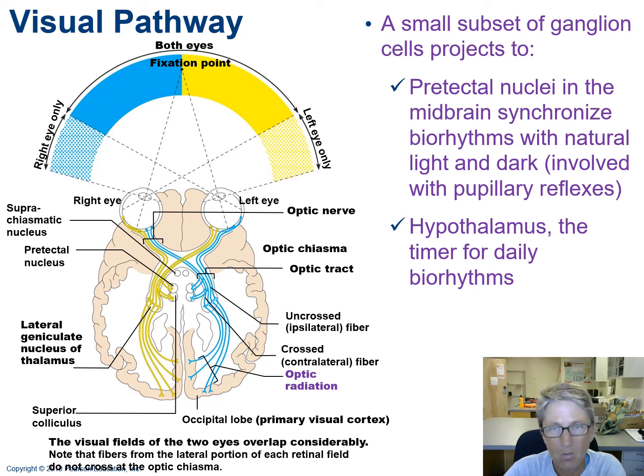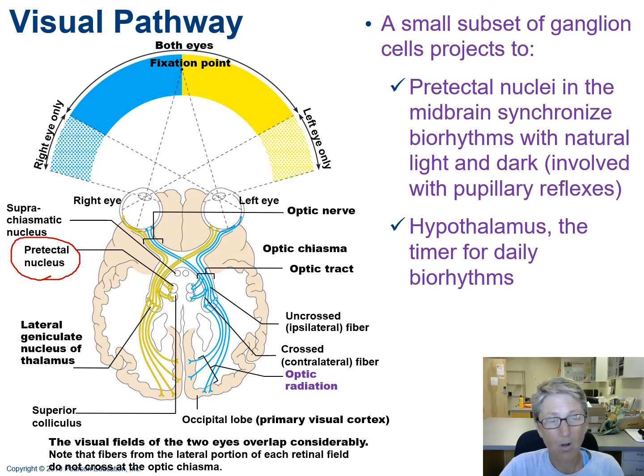And then a small subset of ganglion cells will project to this pretectal nucleus in the midbrain, and what happens there in the pretectal nuclei in the midbrain is you synchronize your biorhythms with the natural light and dark cycle.